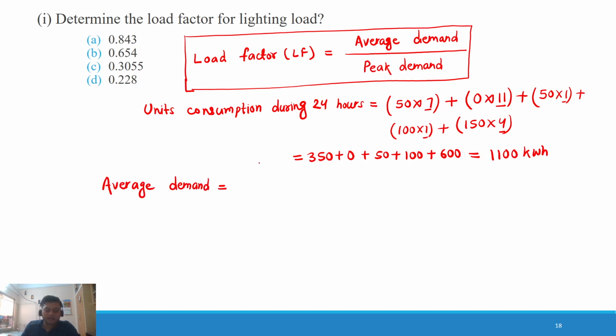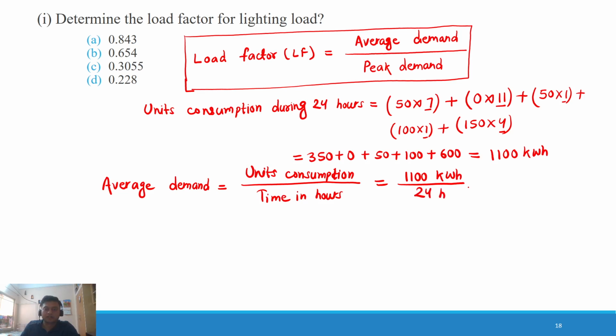Average demand will be units consumption divided by time in hours. Unit consumption is 1100 kilowatt hour divided by 24 hours. So it will give the average power demand as 45.83 kilowatt.